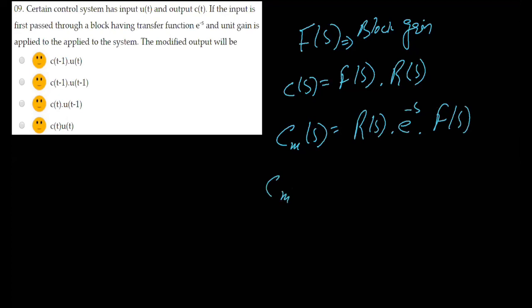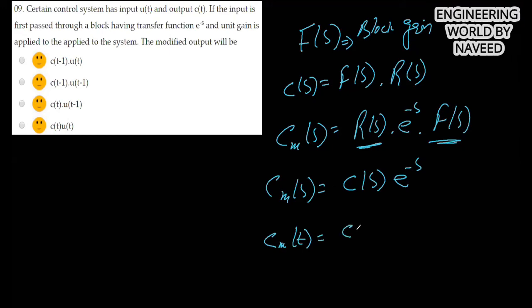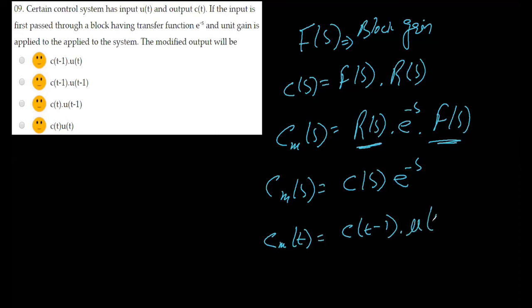So your C_m(s) will be equal to F(s) into R(s), that's equal to C(s) into e to the power minus s. Now taking the inverse Laplace transform, your C_m(t) will be equal to c(t minus 1) times u(t minus 1). So this is the final answer. So option B is the correct answer.